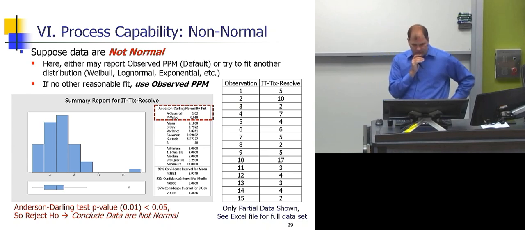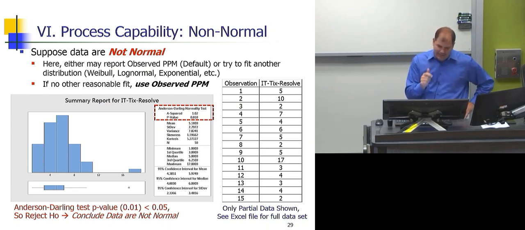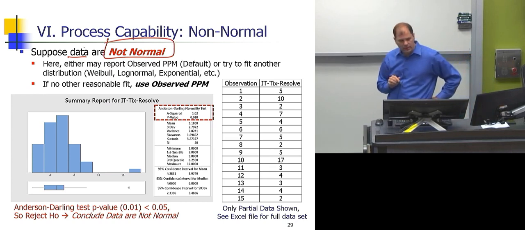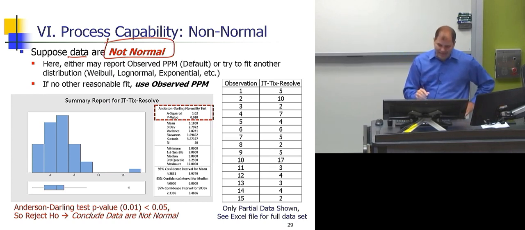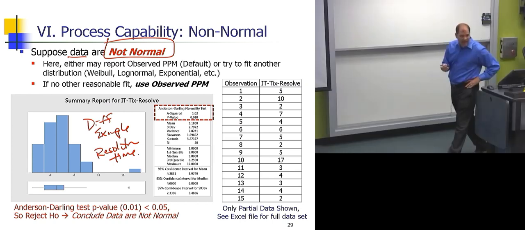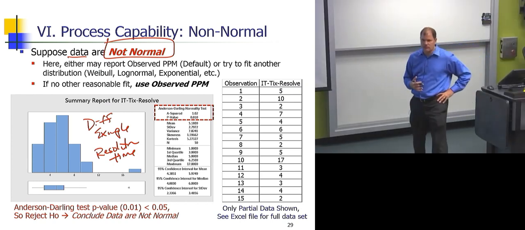Last topic of today is, let's say our data are not normal. And we're going to use a different example. This is based on a project that was related to resolution time for IT tickets.